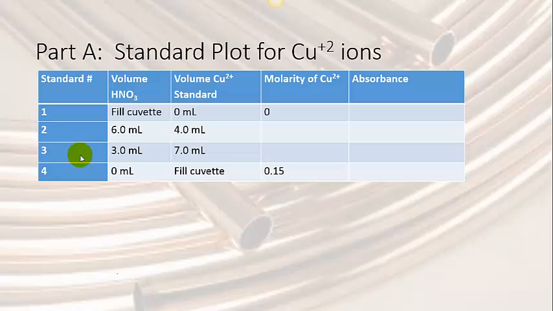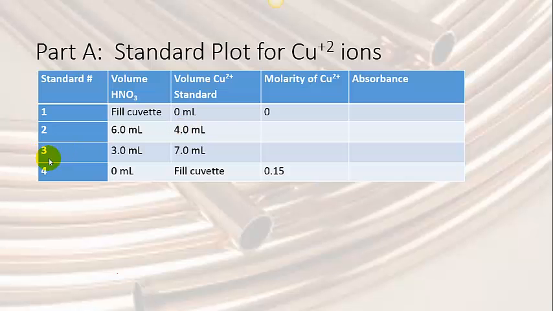For standards number 2 and 3, you will use large test tubes, and right with the burette, you know where you start, you know where you're going to end to dispense 6 milliliters. So you'll add 6 milliliters of nitric and 4 milliliters from the neighboring burette that contains the copper. So you have a total of 10 milliliters in your test tube.